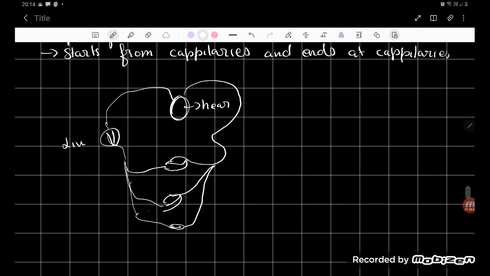Let me write down the places here: liver, stomach, intestine, large, small intestine. This is hepatic portal. This is hepatic vein.